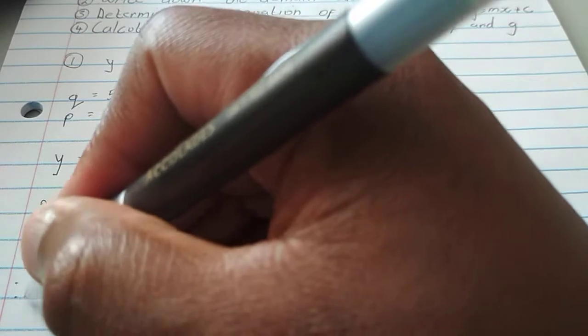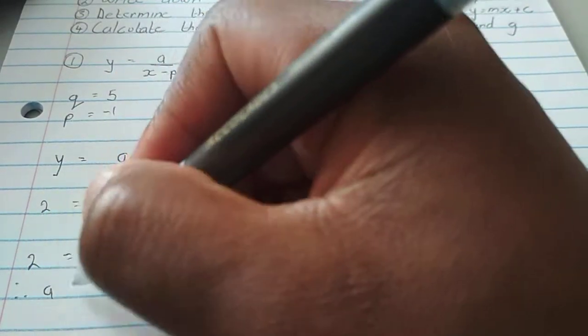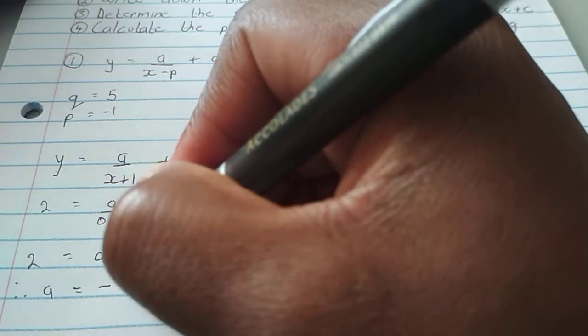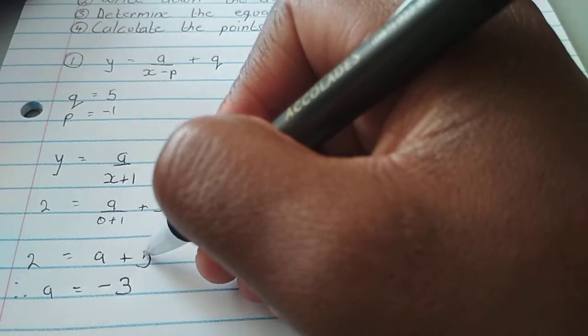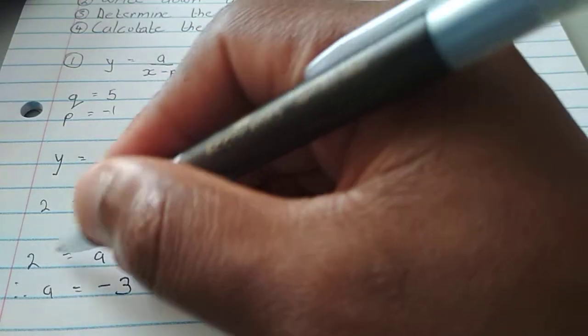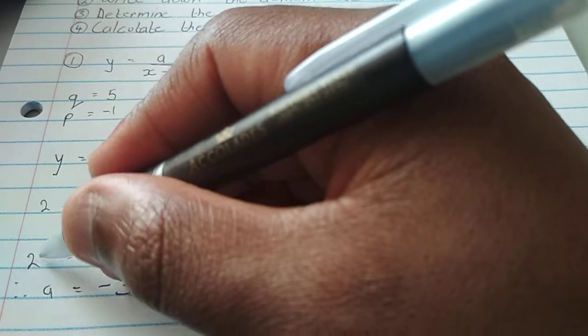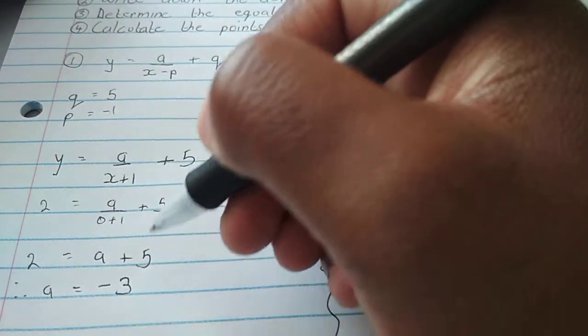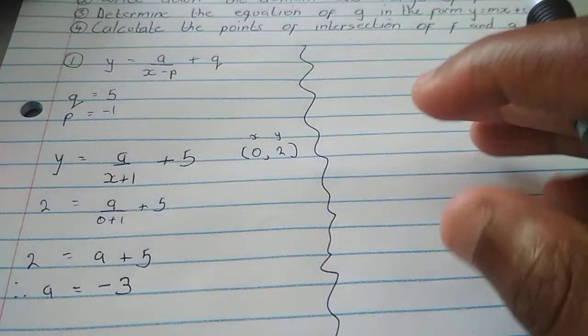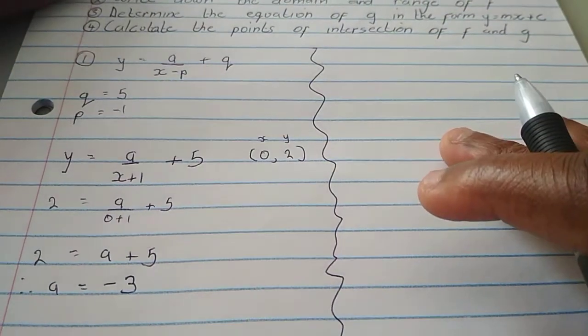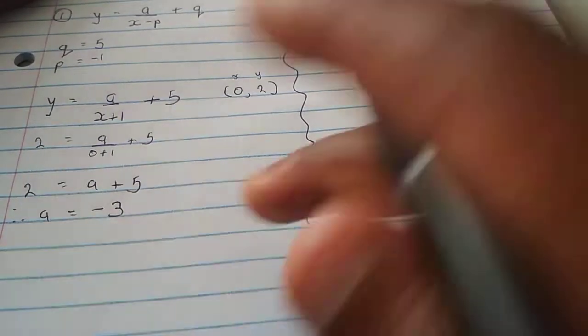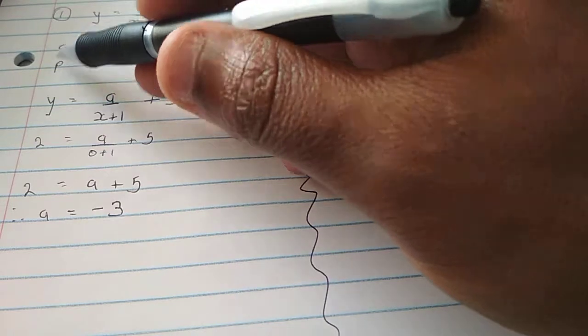Therefore, our A is going to be equal to minus 3, because if you take that 5 to the other side, it changes sign to a negative, and then negative 5 plus 2 gives us a negative 3. So we've solved our A, Q, and P, but let's put them together.